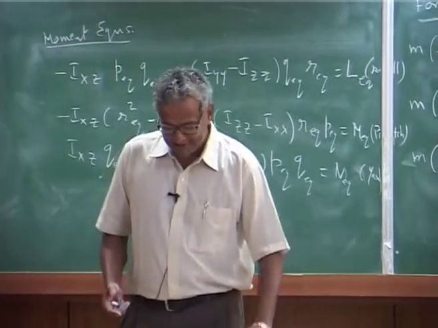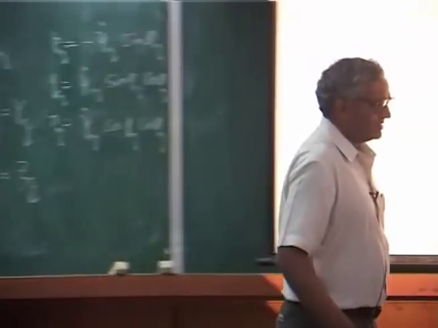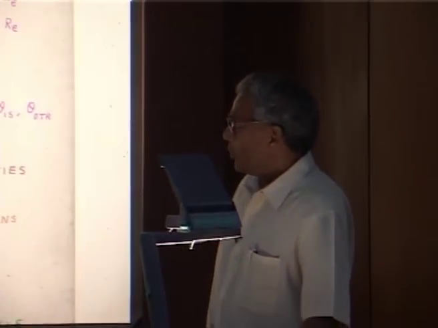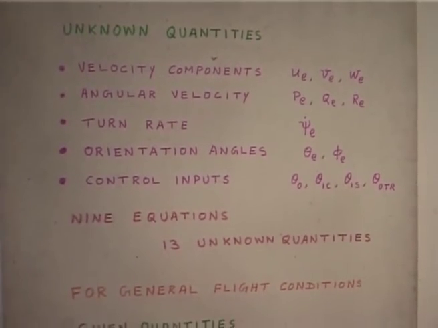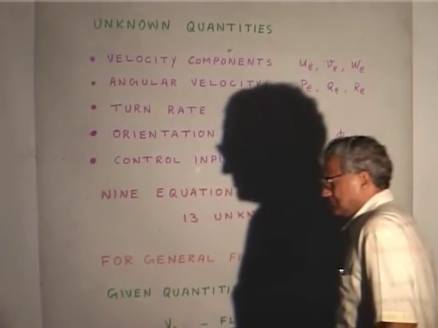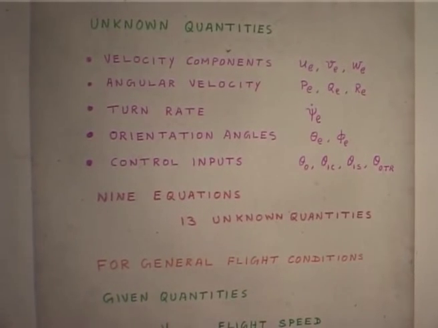What are the unknown quantities of the problem? When I have these 9 equations, what are the things I do not know?